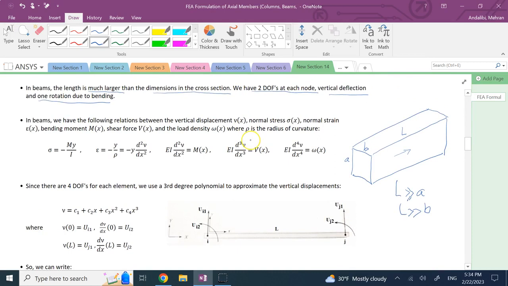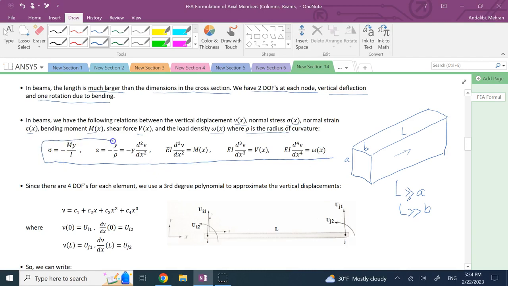Now, in beams from solid mechanics, if you call the vertical deflection nu, the stress sigma, the normal strain epsilon, the bending moment M, the shear force V, the load density omega, and rho the radius of curvature, all of these relations apply in what? In a beam, okay?